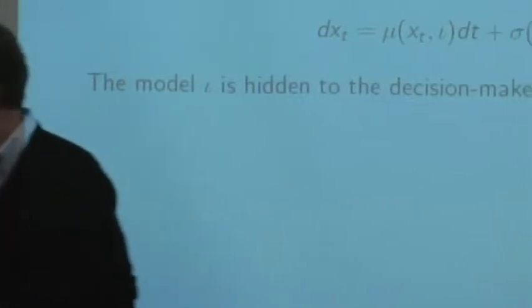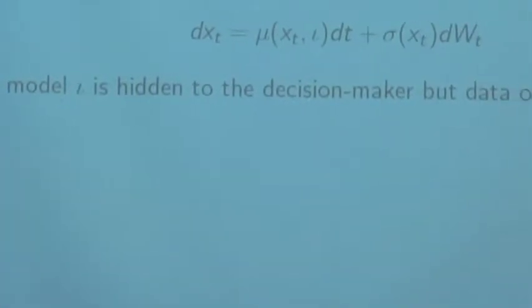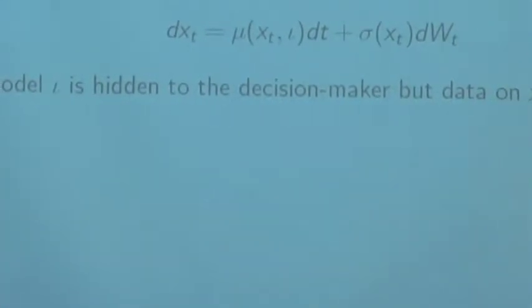It's not going to know what iota is. Now that says dt, so I'm going to scale this by tau. Think of tau as the gap of time between observations. And then there's this term here, the sigma of xt, and in discrete time, this is going to be wt plus tau minus wt.